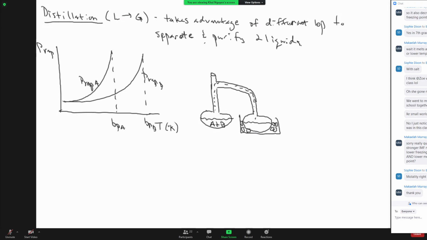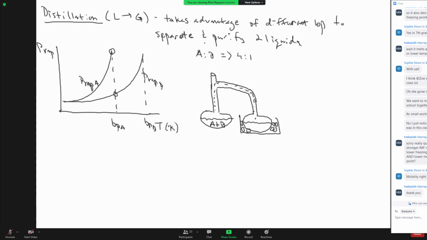So what ends up happening, if we look at it here, P vapor of A versus P vapor of B? A compared to B in gas form looks like a 4-to-1 ratio. It looks like it's 4 times as large.